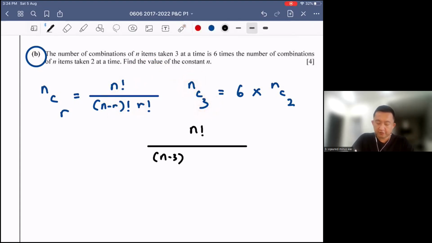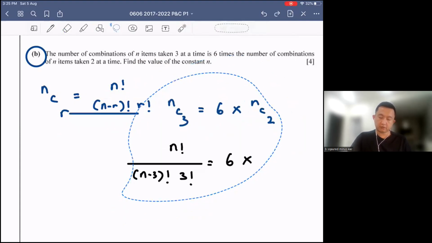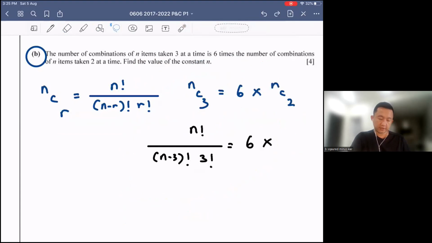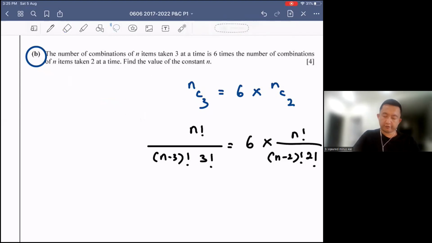So you have n minus 3 factorial, 3 factorial equals 6. Not enough space, huh? Okay, never mind. So I have n factorial over n minus 2 factorial and then 2 factorial. Okay, so I'm going to cancel this off. I'm going to bring everything over to this side.